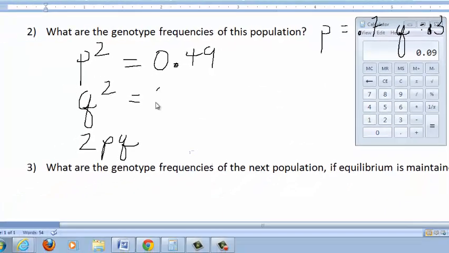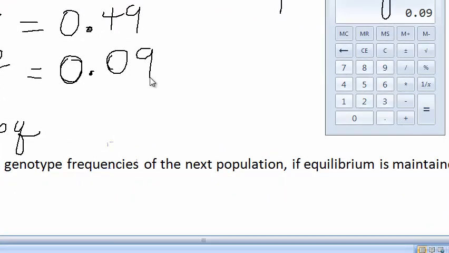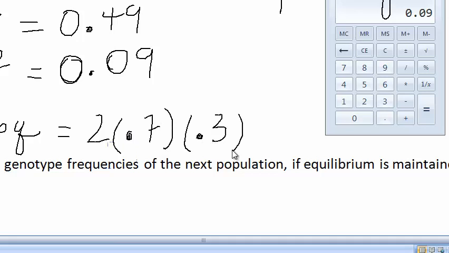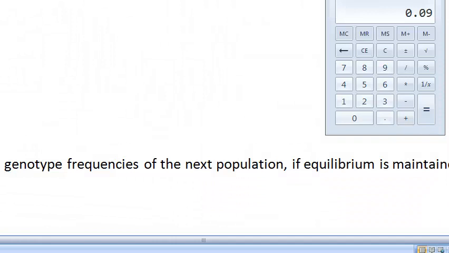So our Q squared value is 0.09. 2PQ is 2 times P times Q. Again, I'm sure you can do this in your head, but let's do it on a calculator for fun. 2 times 0.3 times 0.7, there's your P and your Q, equals 0.42.